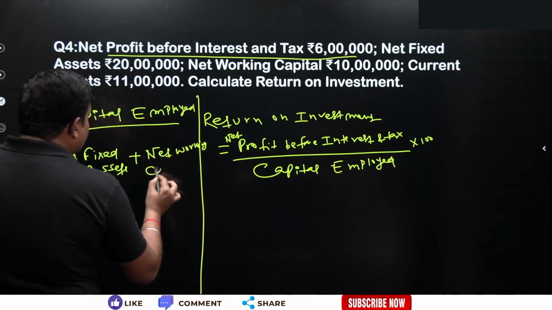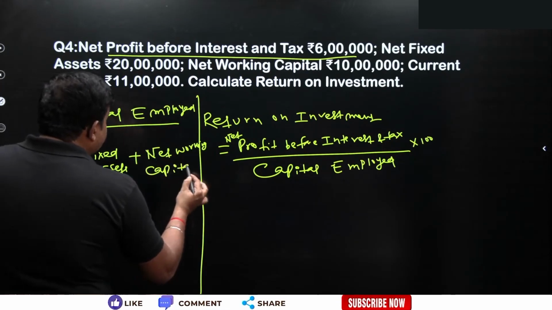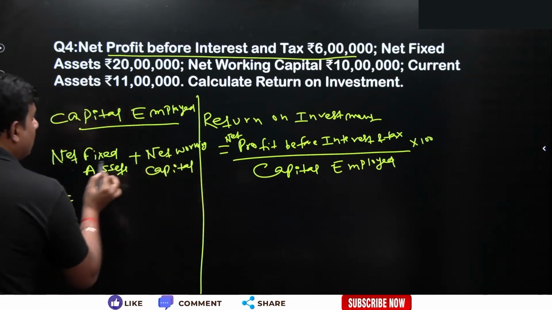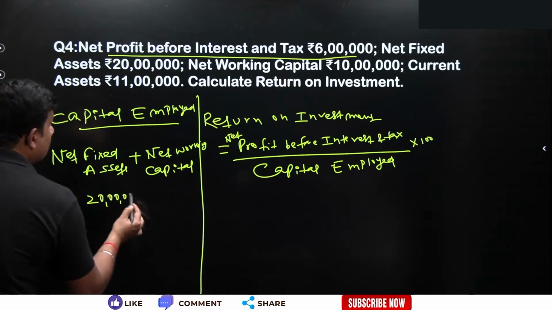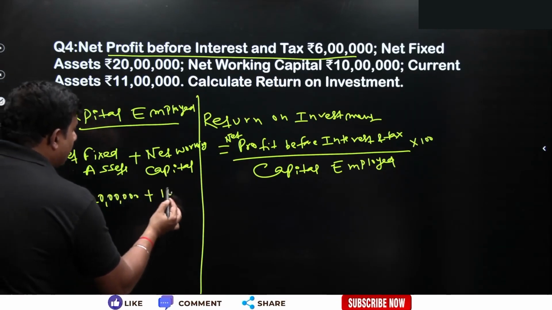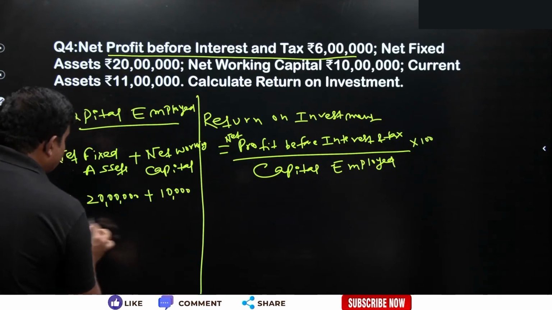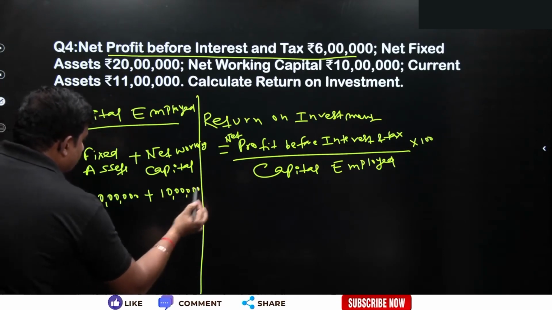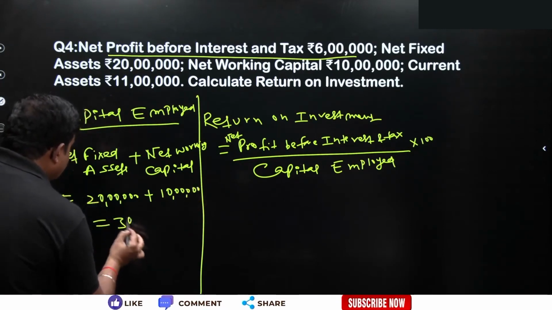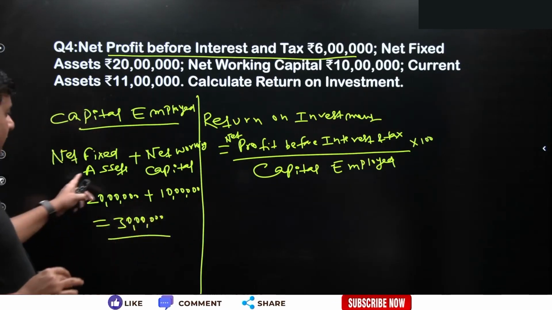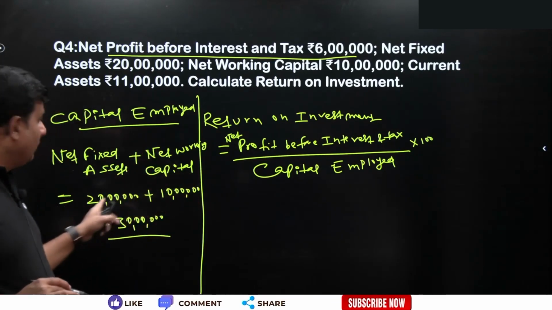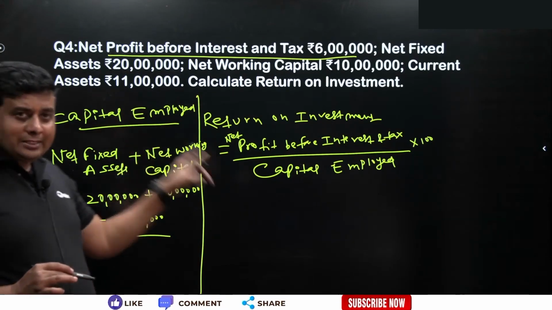Here net fixed asset is 20 lakh and net working capital is 10 lakh. So combined it should be 30 lakh. Net fixed assets plus net working capital give you the capital employed by the asset side approach.